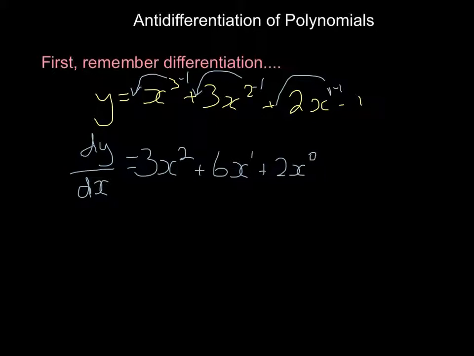And then we've got to take away 1 on the end here, which is really 1 lot of x to the power of 0. So that 0 would come out the front, 0 times that would just leave us with a 0 on the end there. So that would leave us with 3x squared plus 6x plus 2.